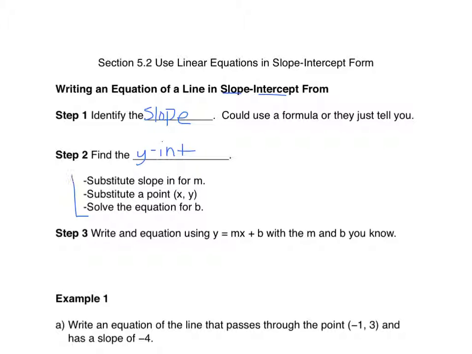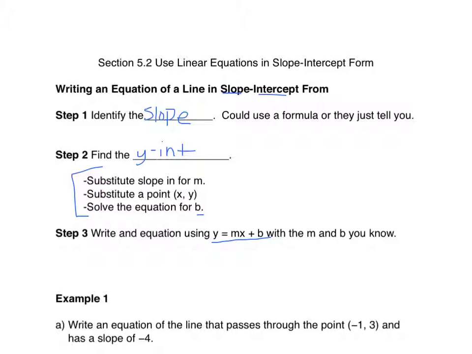Those 5 steps have essentially been shortened down into these 3. Substitute the slope in for m, substitute a coordinate point in for x and y, and then isolate or solve for b. But every single time we do one of these problems today in class, you guys, we should really start with this formula, y equals mx plus b, and then we can plug in what we know.